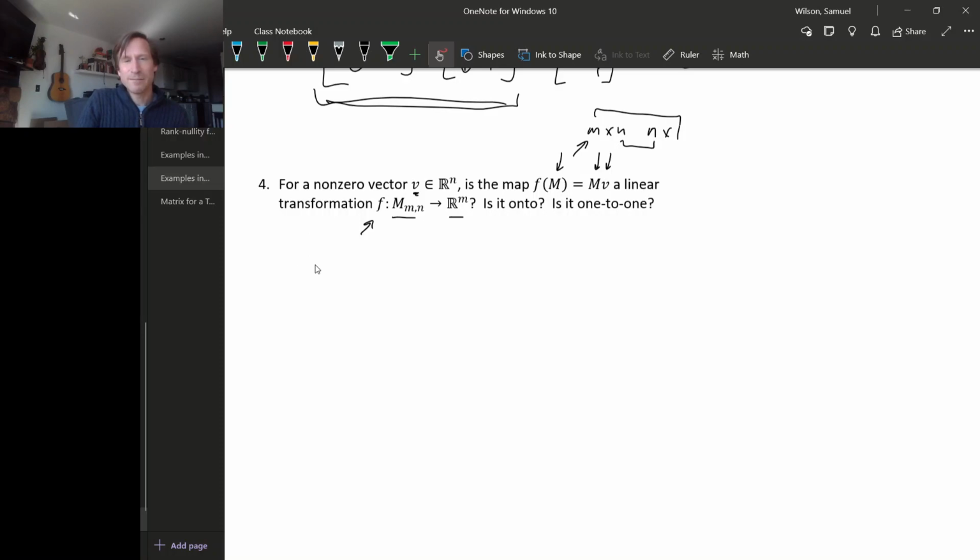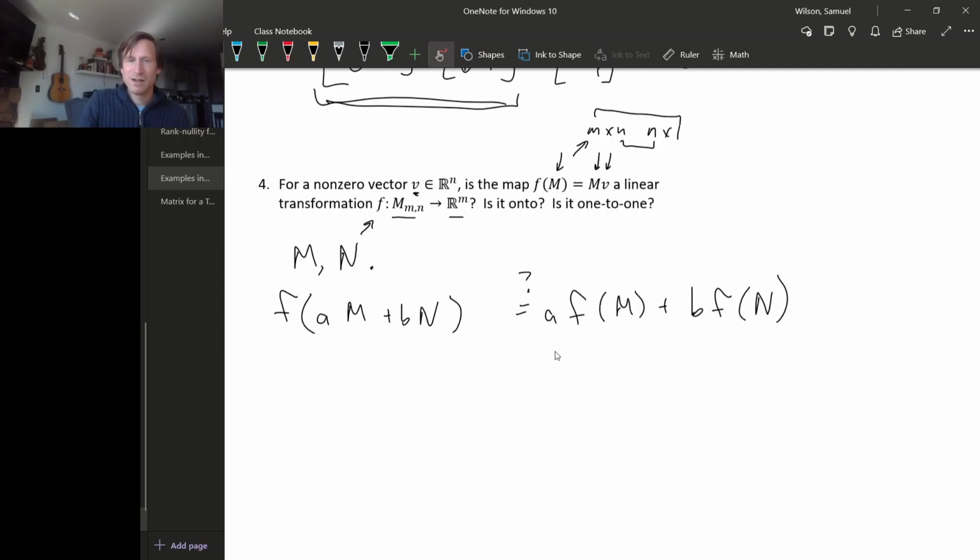Well, suppose we have two matrices, say M and N. Then take a linear combination of them and apply this function to them and see what happens. What we need to check is, is this equal to a times f of M plus b times f of N? Well, let's calculate. f of aM plus bN, what this function does is it multiplies on the right by the vector v.